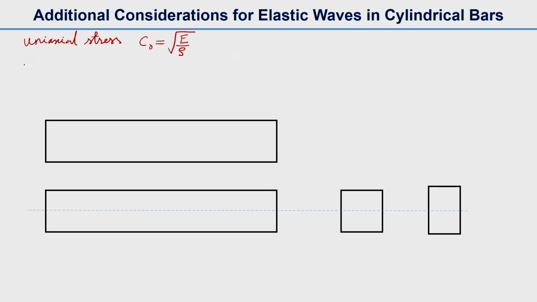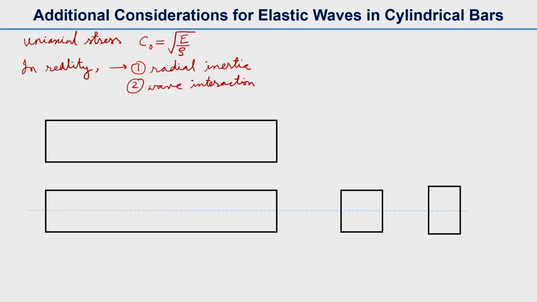However, in reality there are two effects. Number one is radial inertia, and number two is wave interaction with the external surface.